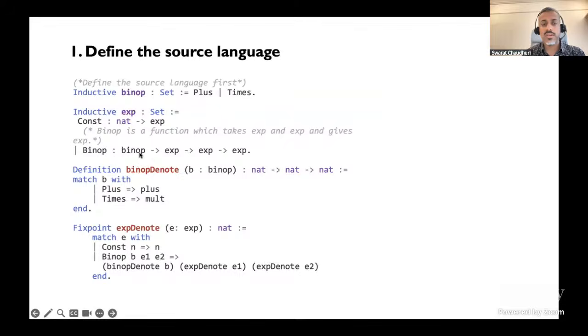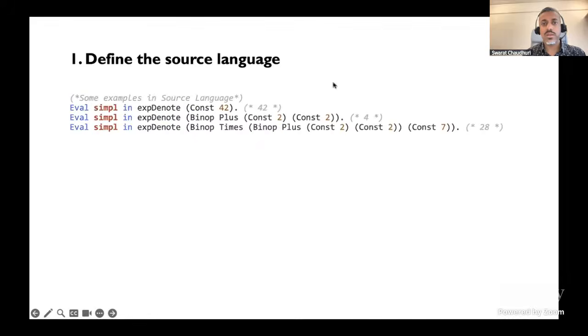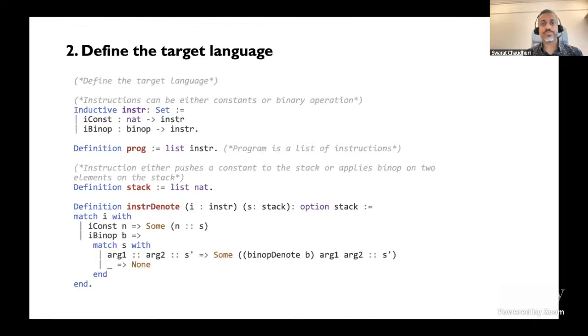And you see that this is the result of applying a binary operation to two expressions. So this is a recursive definition, really. And then you are getting an expression as output. So here you can evaluate various complicated expressions in this way.